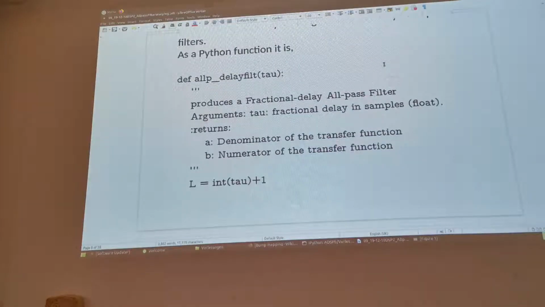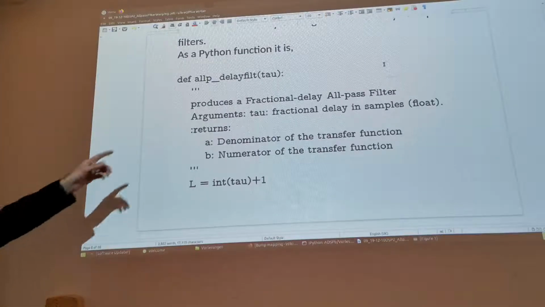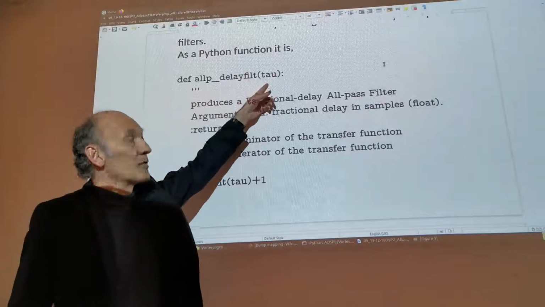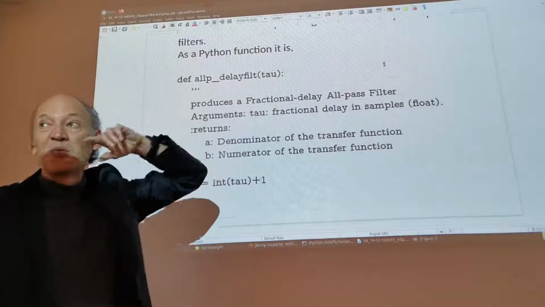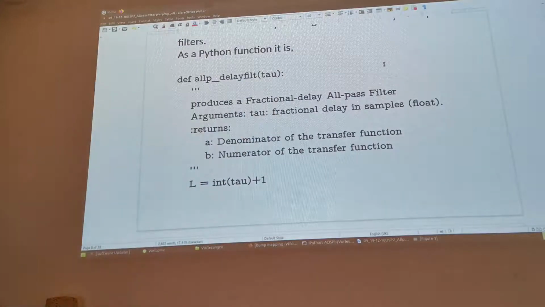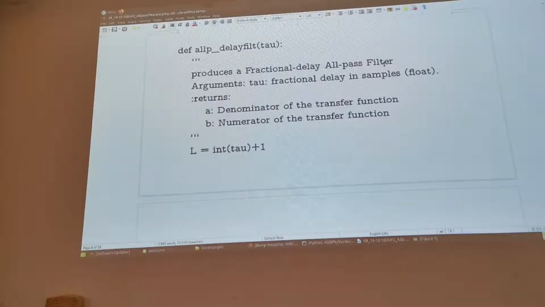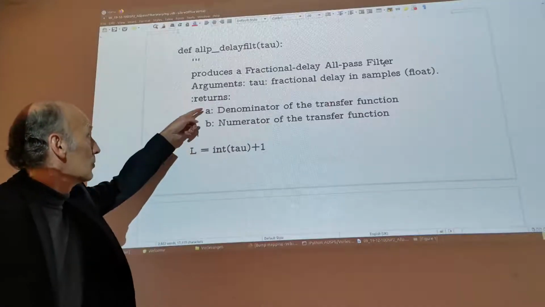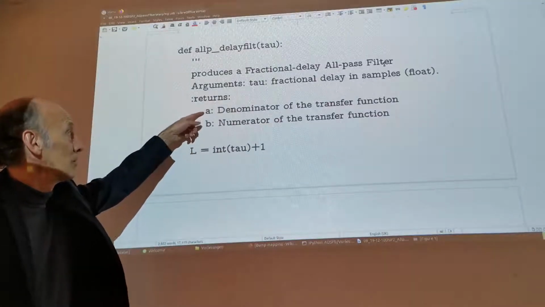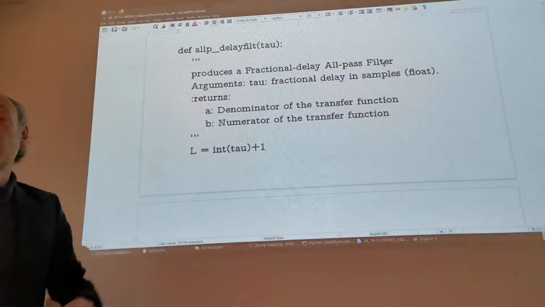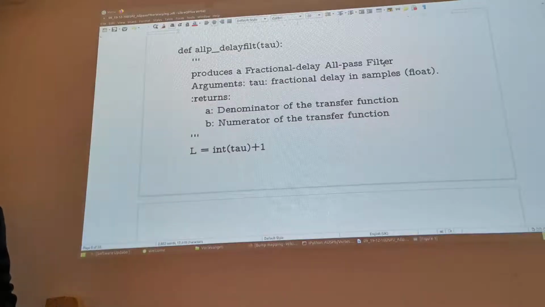So here I'm defining a function. This function takes as an argument tau, and tau is the delay. It produces two arrays, A and B, and these are the coefficients for our IIR filter.